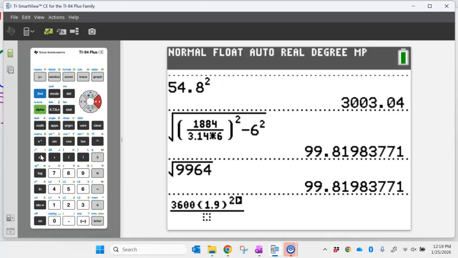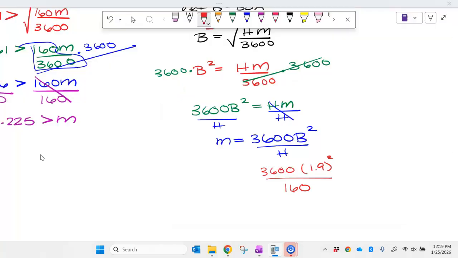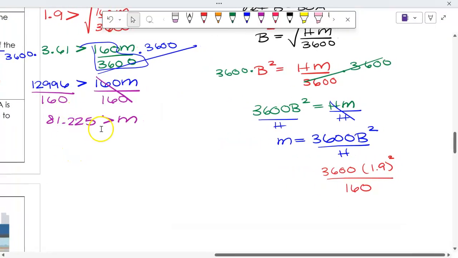Okay. 1.9 squared divided by 160. And it gets us 81.225. And sure enough, isn't that exactly what we got right here? It is. So, like I said, you can do either way, whatever works for your brain. Neither one is wrong.